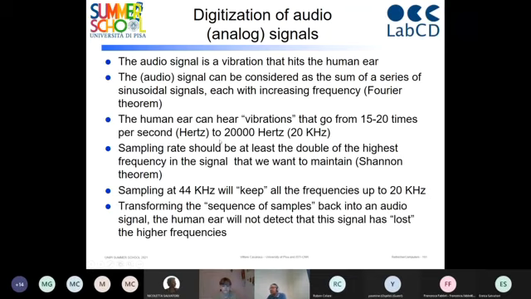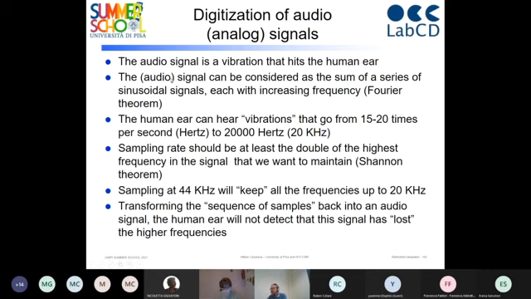Again, what we are going to do is compress the sound in the same way as the picture, because here we take advantage of the physiology of the ear.